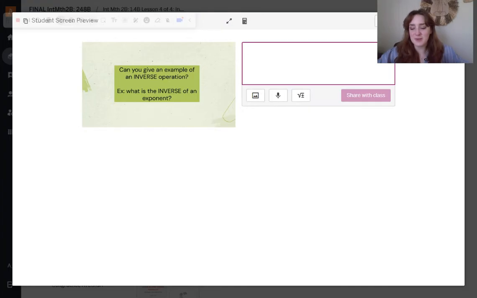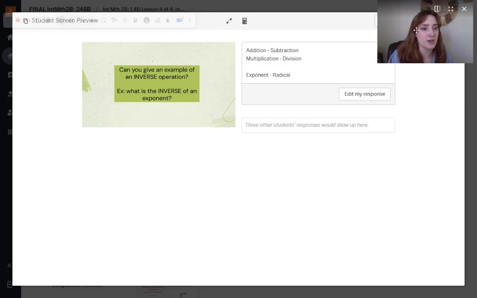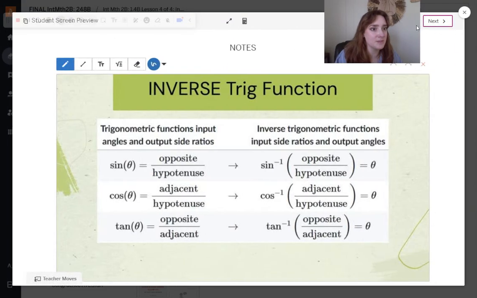So inverse operation: for addition, the inverse would be subtraction. For multiplication, the inverse is division. For an exponent, the inverse is a radical. If it's an exponent of 2, the inverse is a square root symbol. So inverse is just doing the opposite operation. All right, click share, and let's keep rolling.